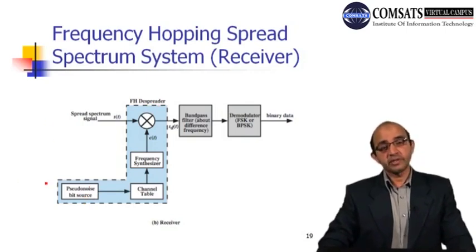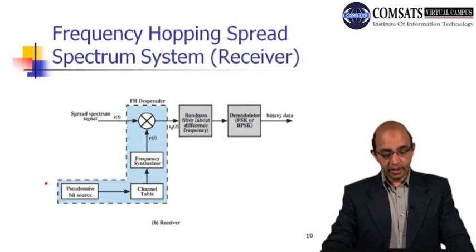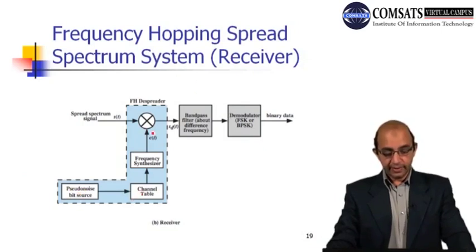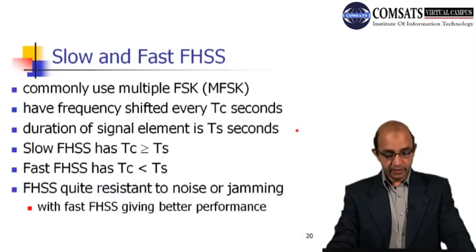Transmitter and receiver are synchronized and know what sort of pseudo noise bit source they have. Then we have the channel table and frequency synthesizer, and after that the band pass filter and the modulator, and we will have the original data, right?